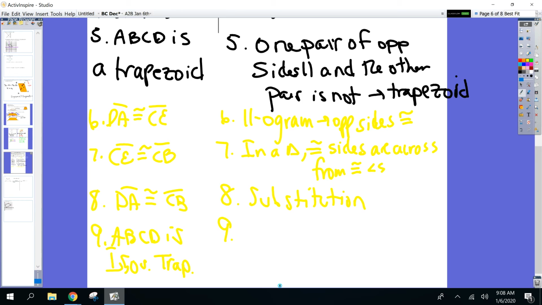Need more, because I could show you another figure that's only got 2 sides congruent. What made it an isosceles trapezoid? In addition to legs being congruent, what else did we do? There you go. So a trapezoid with congruent legs or base angles congruent implies isosceles trapezoid.